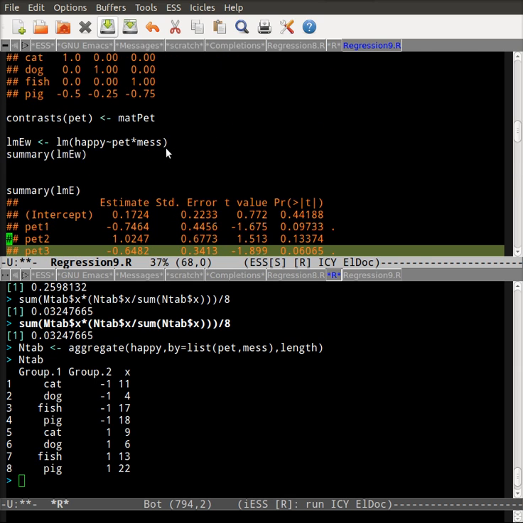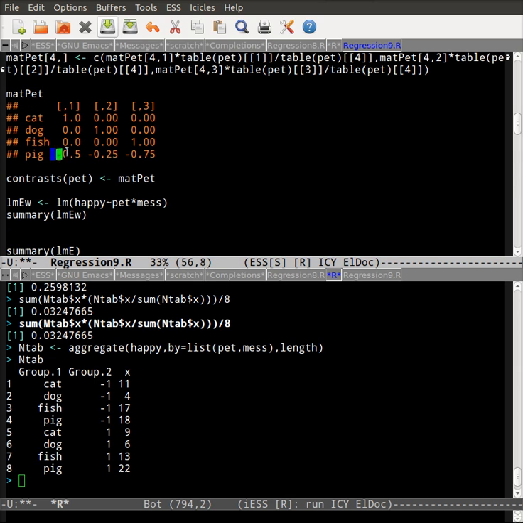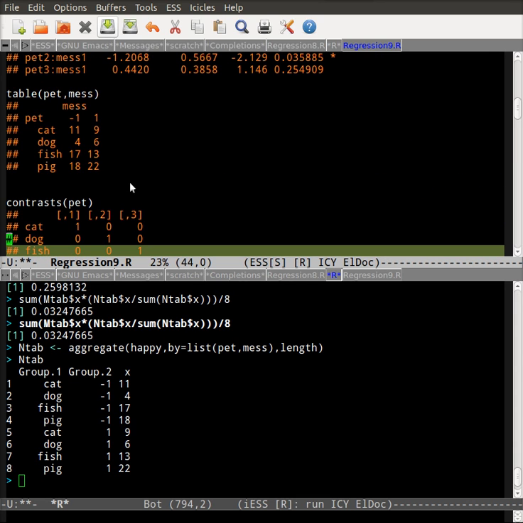Let me go back up here. It is the weight that's being used in our comparison. So this is the n of cat over the n of pig, and there are half the number of cats as there are pigs, and we can see here there are 20 cats and there are 40 pigs.